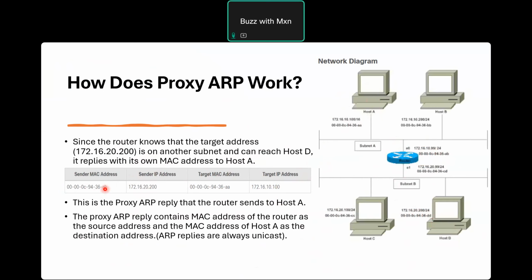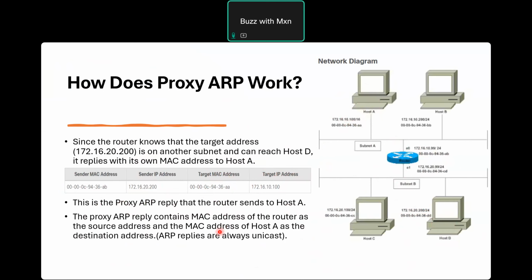The table will not contain the IP address of the router's Ethernet interface, but will just keep the destination IP as the sender IP, that is 20.200. The target IP address would be that of host A, 10.100, and the MAC address 36AA. So this is the proxy ARP reply that the router sends to host A.